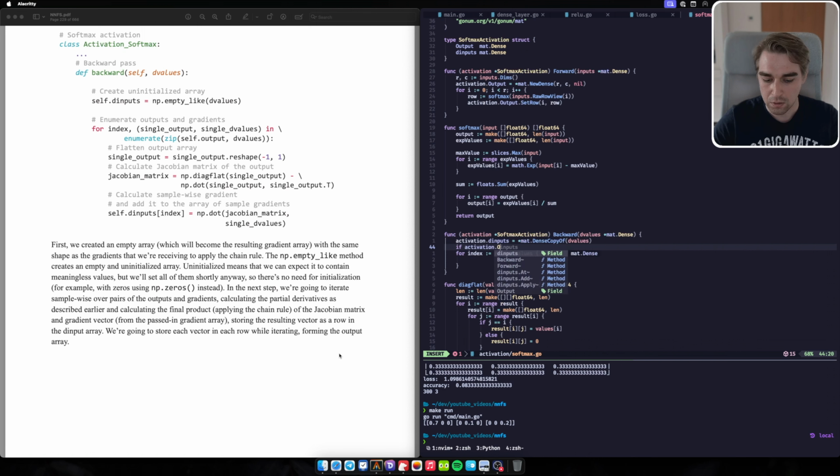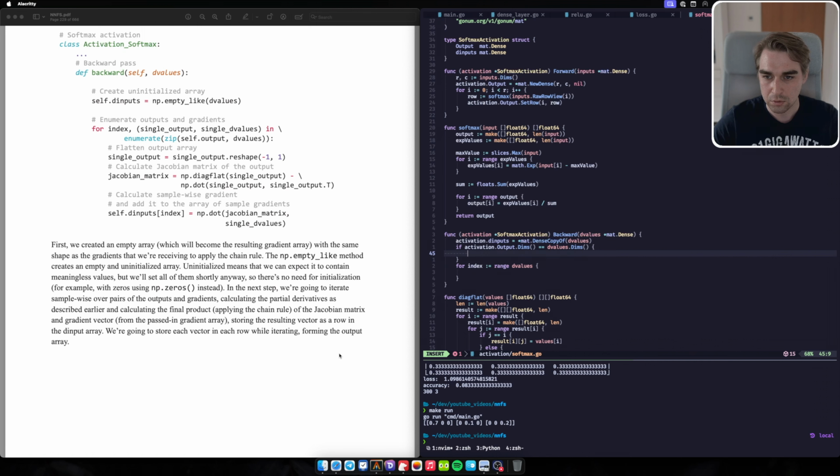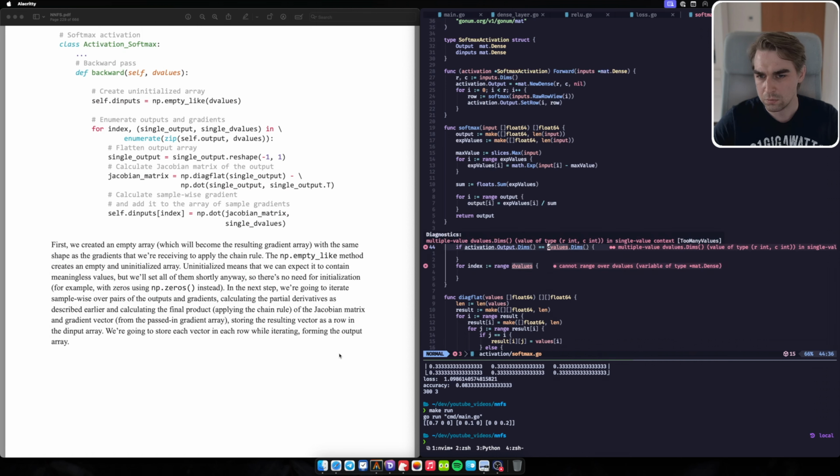Activation output dims equals dvalues dims. No? Okay, it's too bad.